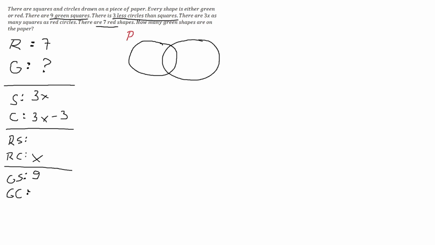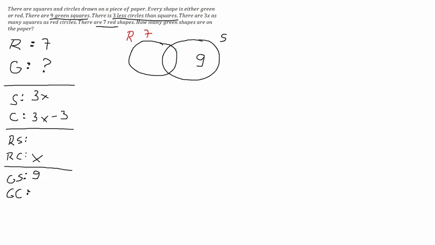So you can have the red shapes and the squares, just like so. So over here, there are 7 red shapes. And here, there are 9 squares, which are green. There's 9 of them.